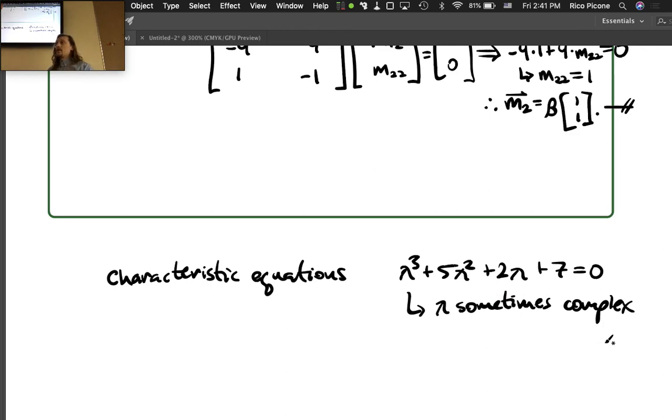Exactly. So that would happen sometimes. These roots would come out to be complex. And we talked about that specifically in the last chapter when we discussed second-order system responses. We saw that lambdas show up in complex conjugate pairs sometimes. Essentially that means there is a negative sign under the square root in the quadratic formula.